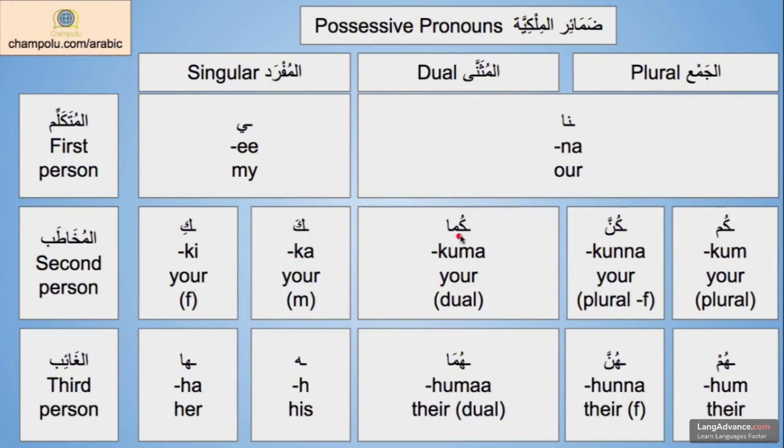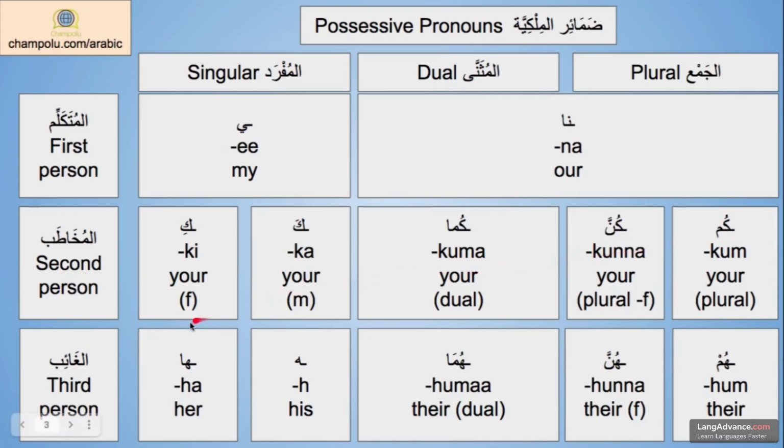When you're addressing two people, say baytukuma. So kuma here is your for dual, and addressing a group of females, baytukunna. And for addressing a group of males or mixed, baytukum.